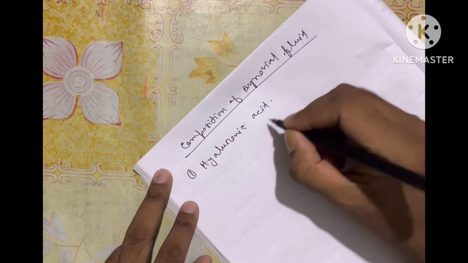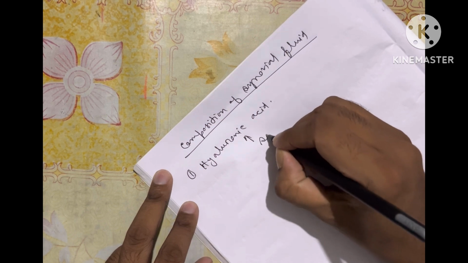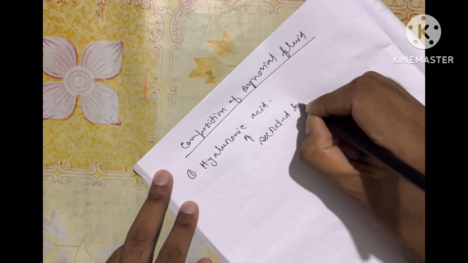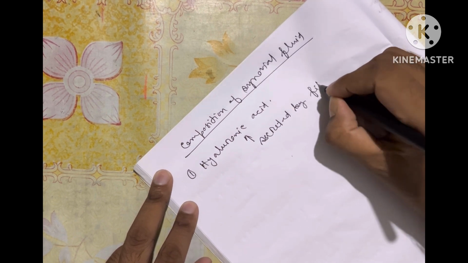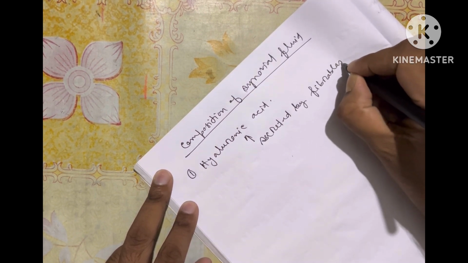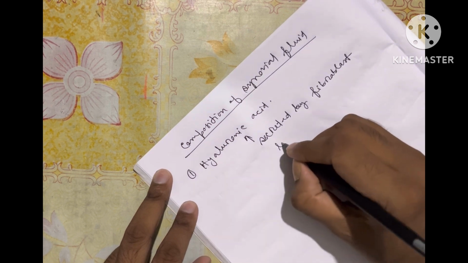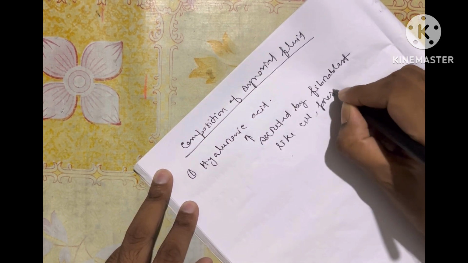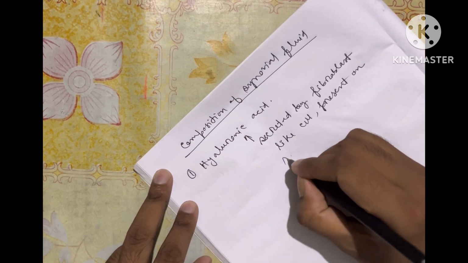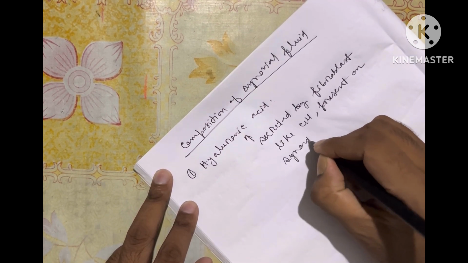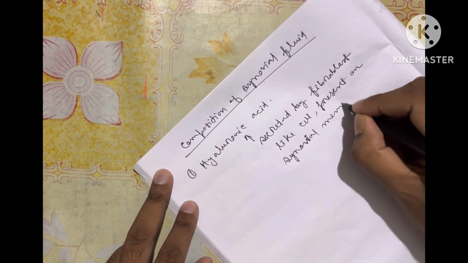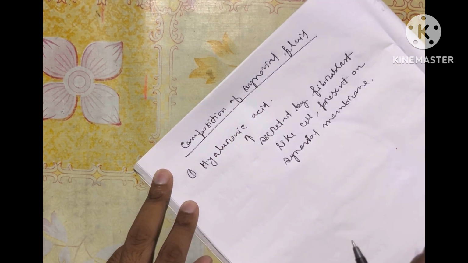This hyaluronic acid is secreted by fibroblast-like cells present on the synovial membrane.